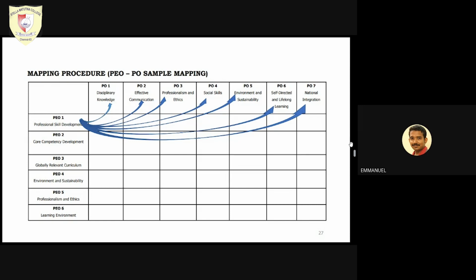A particular person or a group of faculty who have handled that particular course for about a couple of years will be assumed as experts to give their opinions, to say what the correlation is between PEOs and POs, or POs and PSOs, or PSOs with COs, or POs with COs, anything for that matter.